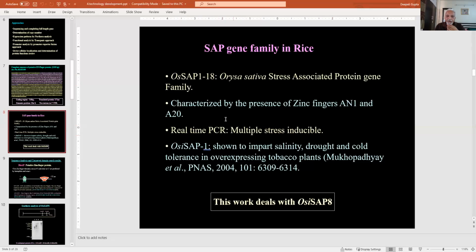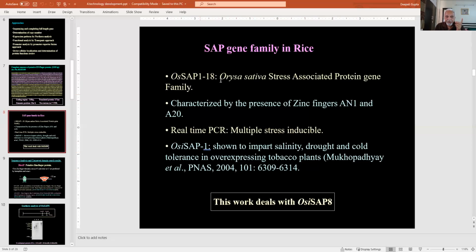And what they found was that all these members were multiple stress inducible genes. The same group actually worked on the first member of this gene family, OsiSAP1, Oryza sativa stress associated protein 1, and they demonstrated in tobacco that if you overexpress this gene, it confers tolerance against salinity, drought, and cold conditions. And this paper appeared in PNAS in 2004, actually.